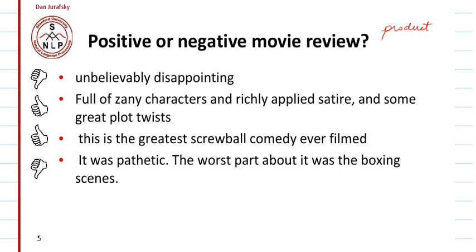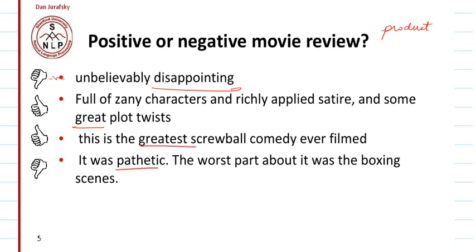This one, unbelievably disappointing, can be marked as a negative review. This can be marked as a positive review. Richly applied satire and some great, we have this word great, and here we can see disappointing, and then again we have the greatest, and then we have this word pathetic.